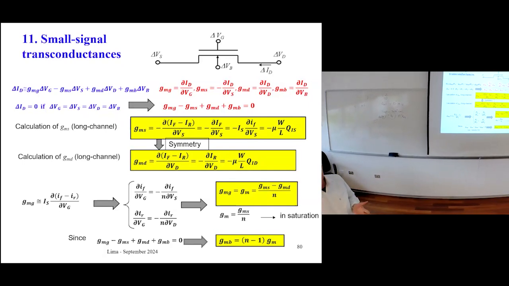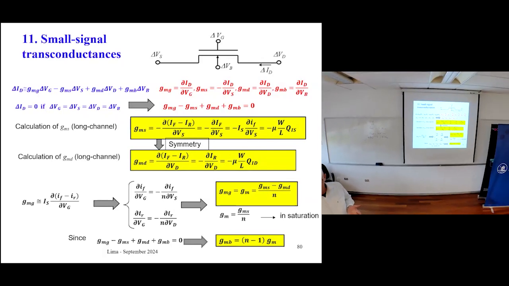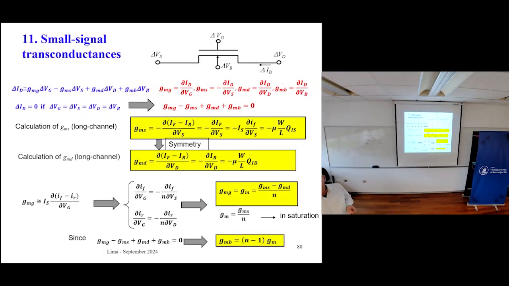The derivative of the collector current with respect to VB, right? But here we define the transconductance with respect to each terminal, not with a voltage difference, right? So GMG is the derivative of ID with respect to VG.